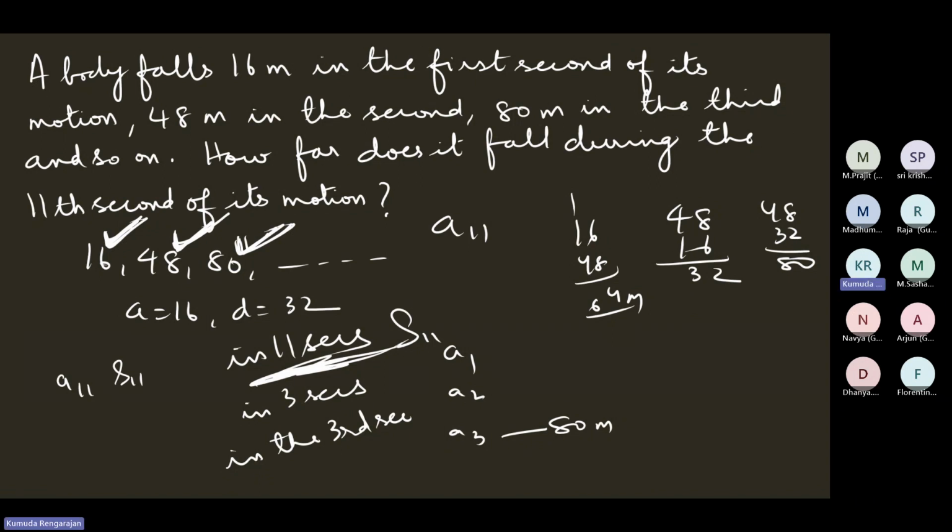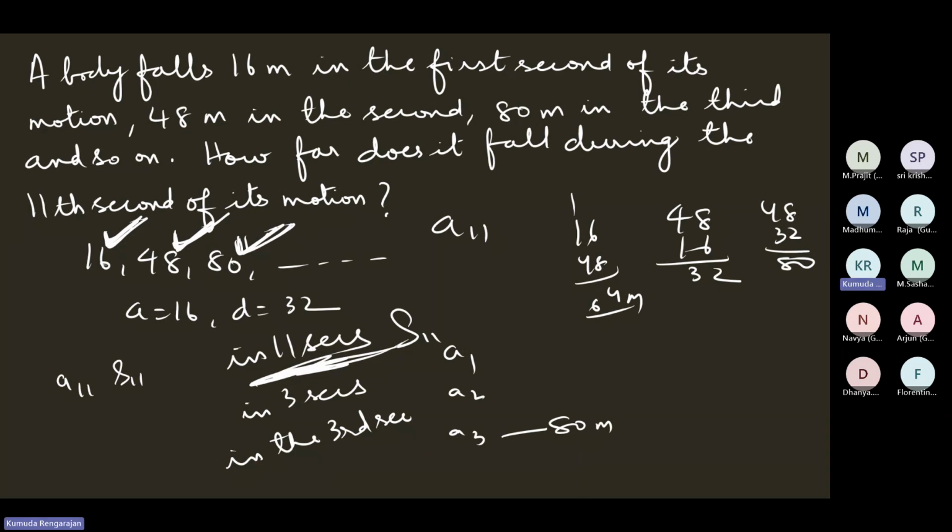The distance in 5 minutes will be the first minute plus the second minute plus the third minute plus the fourth minute plus the 5th minute. So how far does it fall during the 11th second of its motion is only during that time, which is A11. But if the question is how far does it fall in 11 seconds, in 11 seconds, in 5 minutes.